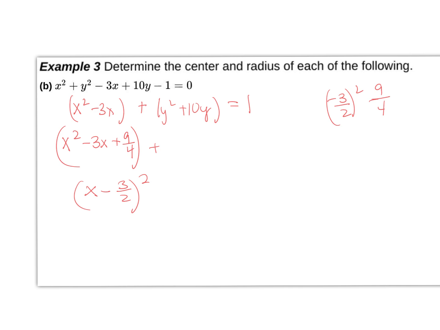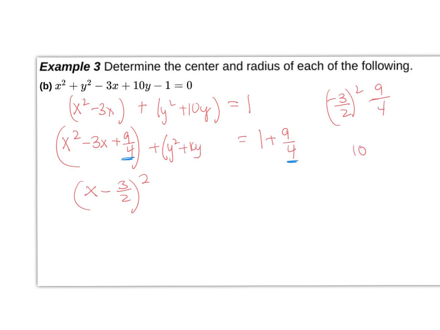Before I look at my y, I should add the 9/4 that I added to this side to the other side as well. Now I'm going to look at my y, and this is going to be y squared plus 10y.